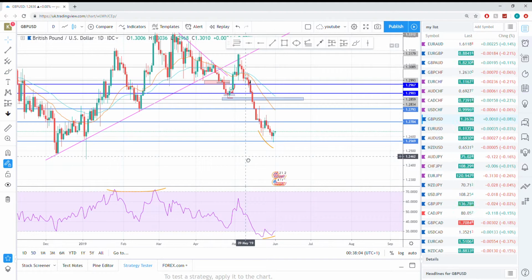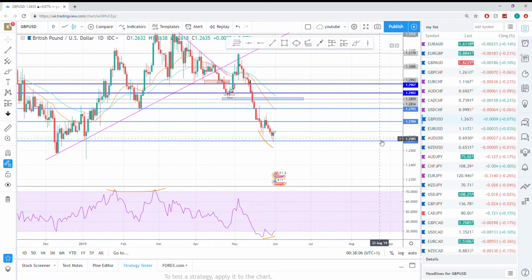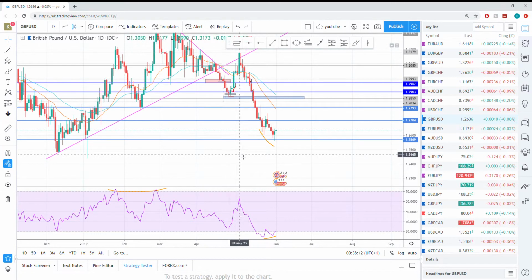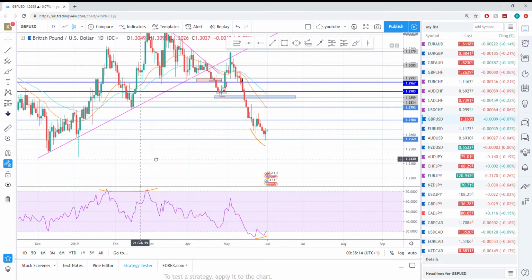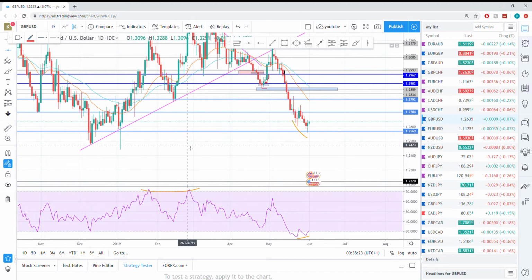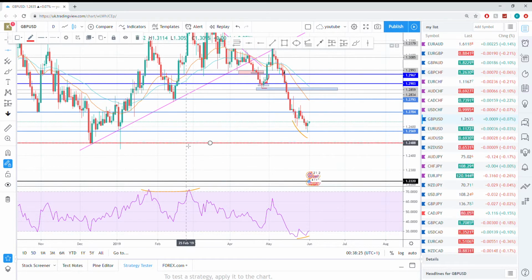Because this is on a daily, we can give this more confidence that we could potentially see a reversal at one of these key points and zones, key levels such as this blue line here at 1.2569. I'm also going to draw another line here, just because we've started to come a bit further down.